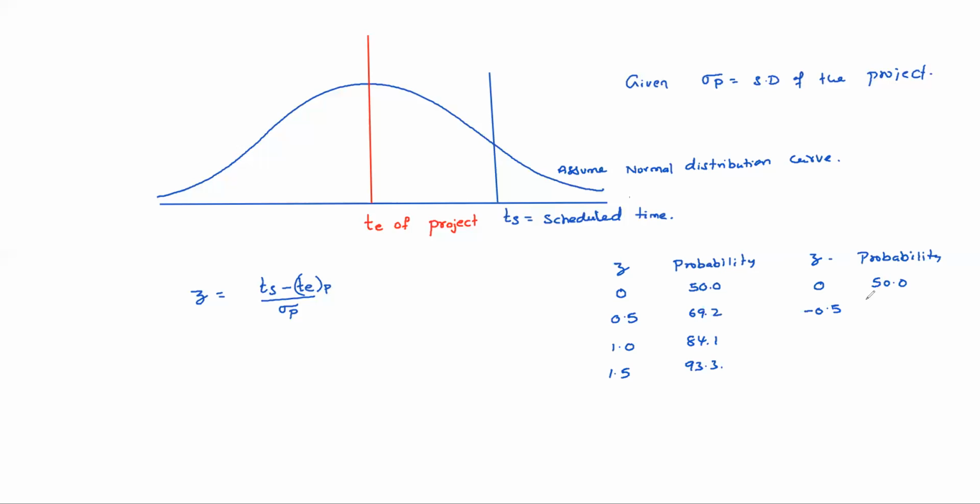How much? 30.8. So minus 1 means 15.9. Minus 1.5 means 6.7. Like this, probabilities.